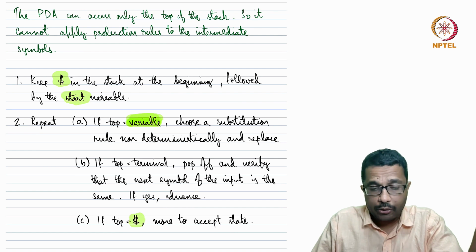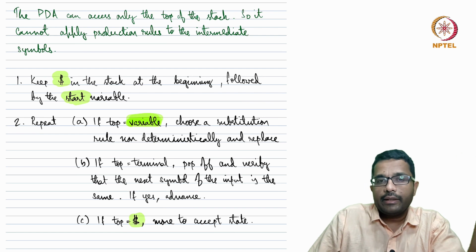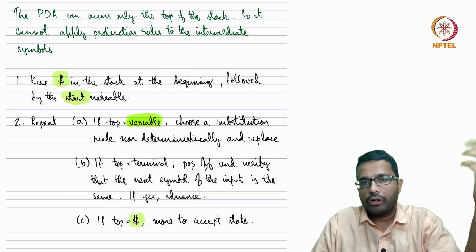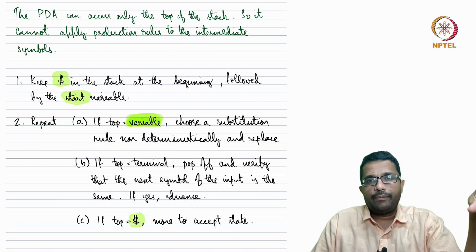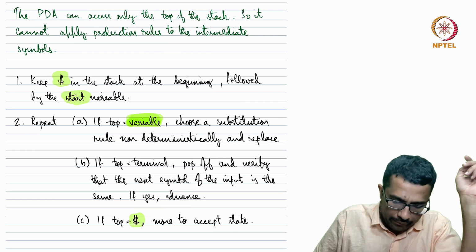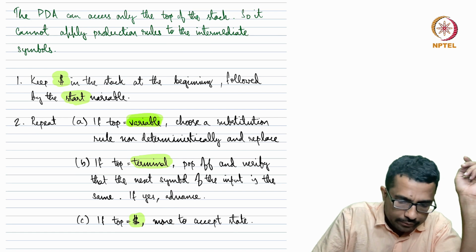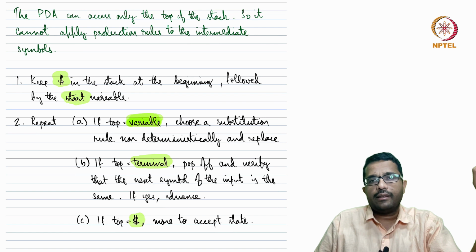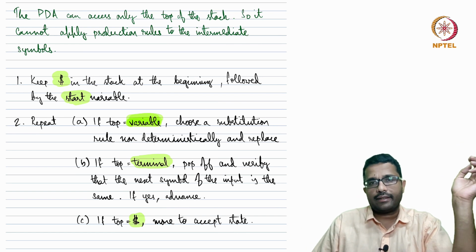It could be anything. There could be multiple rules. There could be a rule that says A replaced by 0A1, or a rule that says A replaced by C1. So we could pick arbitrarily, or nondeterministically. And if the top is a terminal, you check whether the next symbol of the input is the same as the terminal on the top of the stack. If they are the same, you move to the next step. If they are not the same, you cannot take the transition.